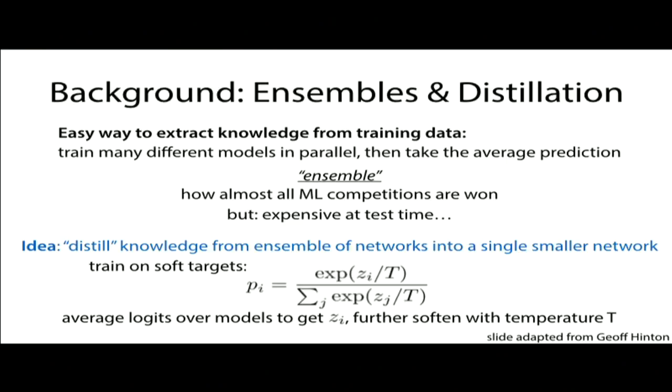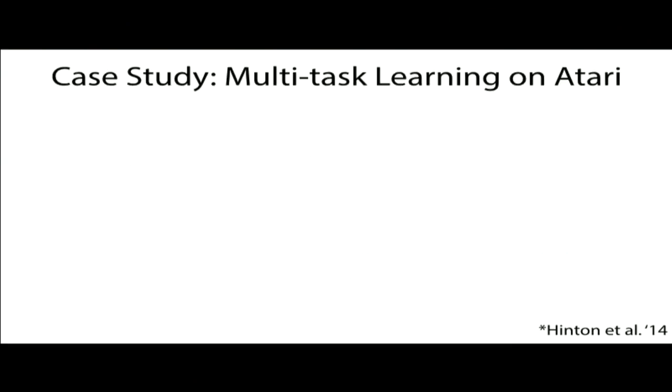OK, so this is how distillation works from an ensemble of networks. So how can we use this for multitask learning and for learning across different Atari games? What the two papers that I showed before do is they train n DQN agents on n different Atari games simultaneously.